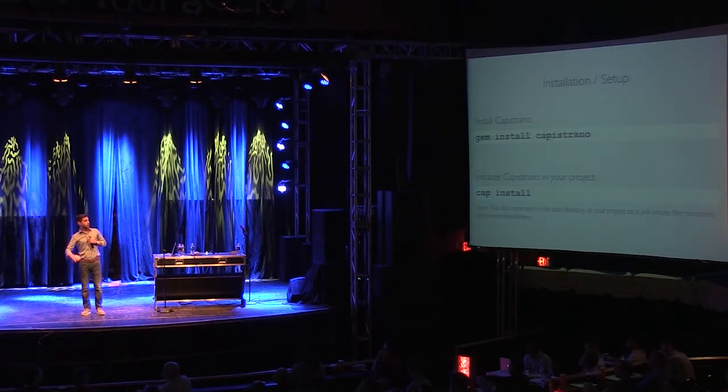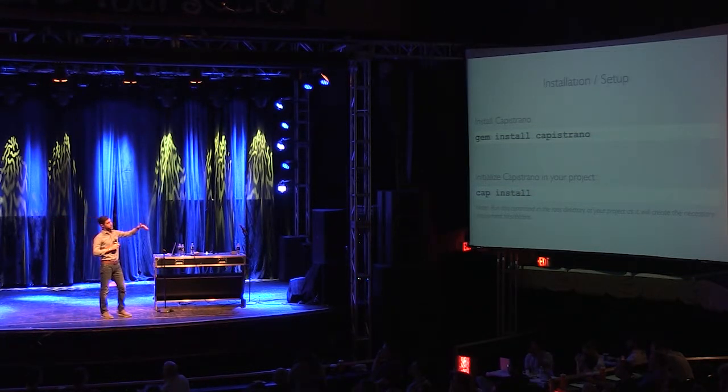So a few steps on installation and setup of Capistrano. Like I mentioned, it's a Ruby gem, so you just install it from command line by running gem install capistrano. Once you've installed it and once it's on your local computer, you want to change directories into your project. If you remember back, I mentioned that those deployment scripts are stored in your project files or in your project itself.